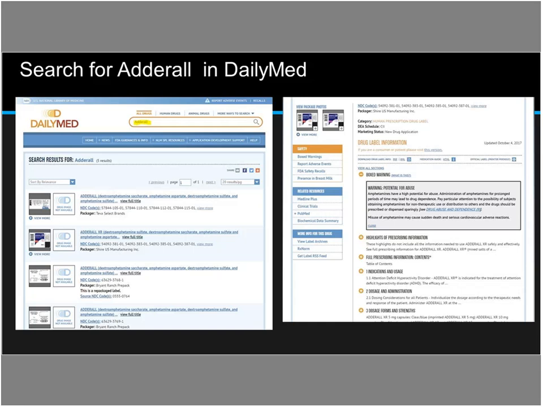There are different types of Adderall. So I chose to learn more about Adderall XR. So the slide on the right-hand side is what information comes up when you choose a drug from a search.